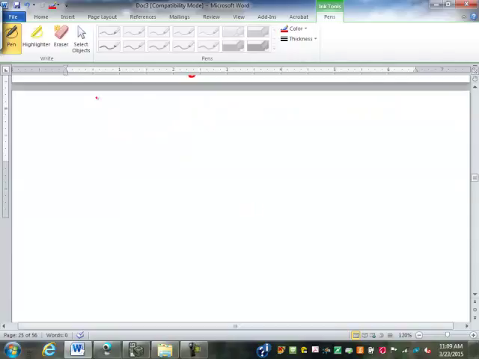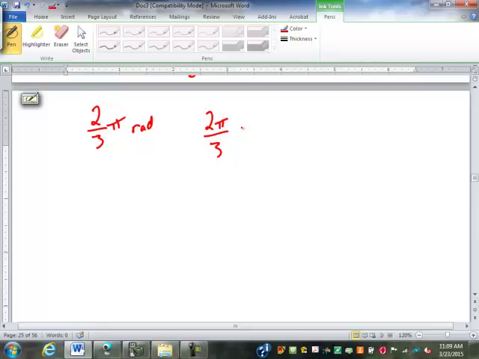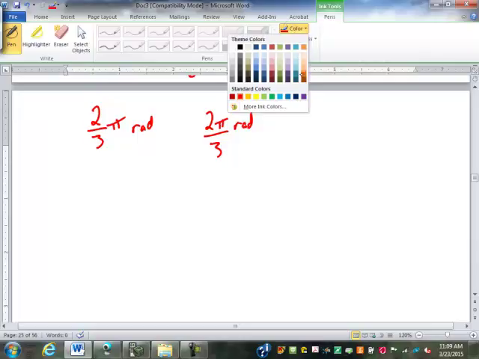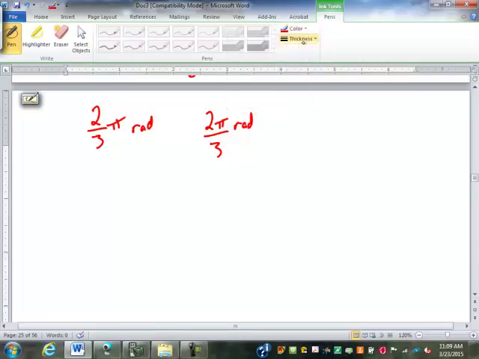Now going the other way, we might have something like 2/3 pi radians. A lot of times when we have 2/3 pi, we write it like this: 2 pi over 3, just because it's easier to work with then. And if I want to convert that into degrees, I'll put radians on the bottom now.